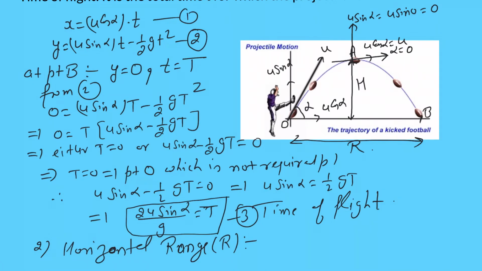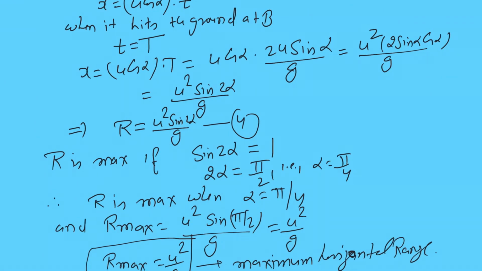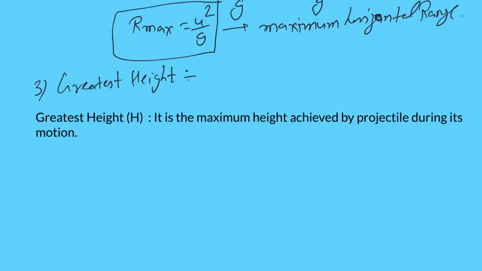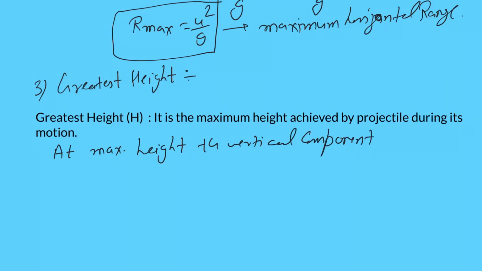So I am going to write: at maximum height the vertical component of velocity becomes 0.